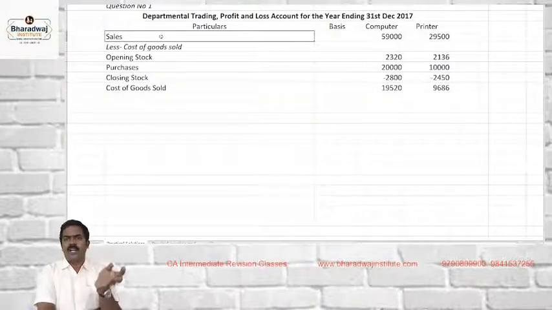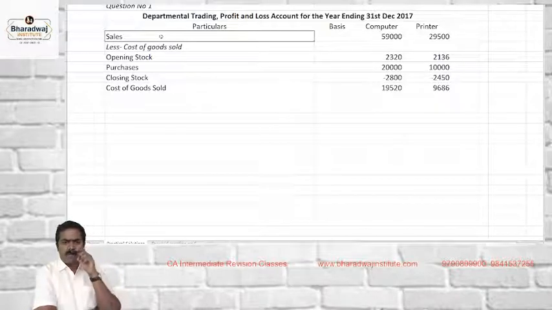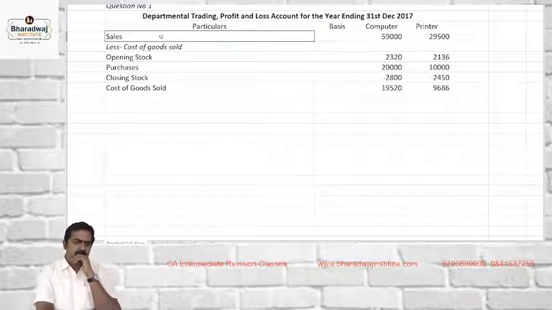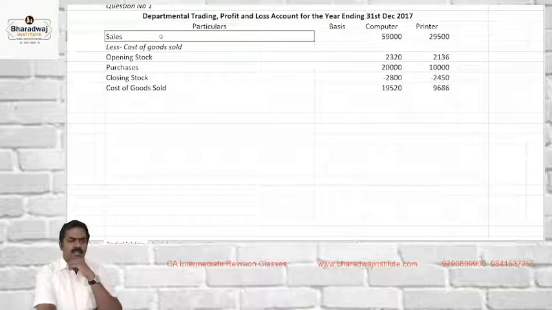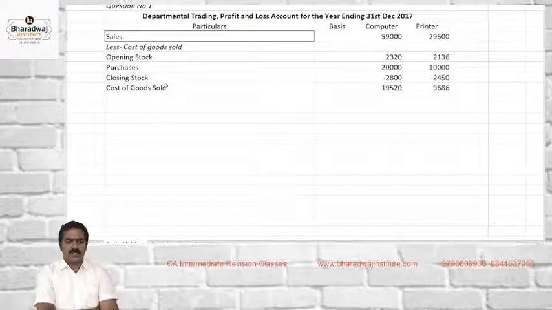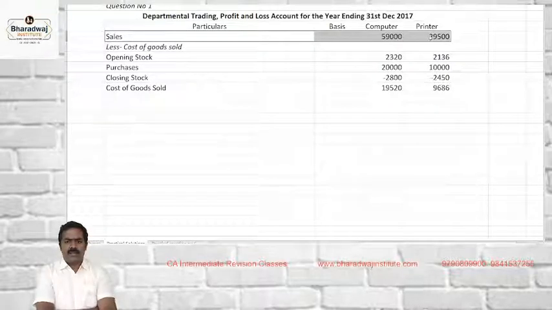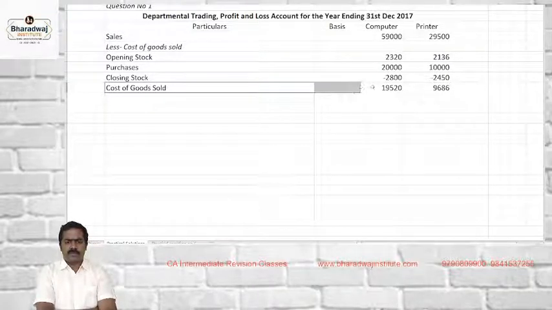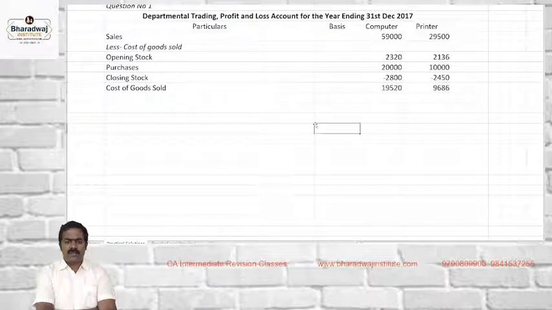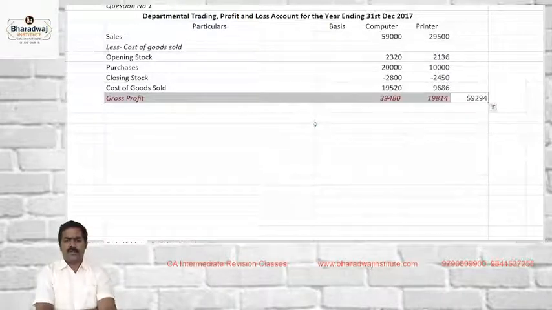You can do it in a trading account method also. Opening stock plus purchases minus closing stock gives us cost of goods sold. Sales minus cost of goods sold will give us which one? Net profit or gross profit.